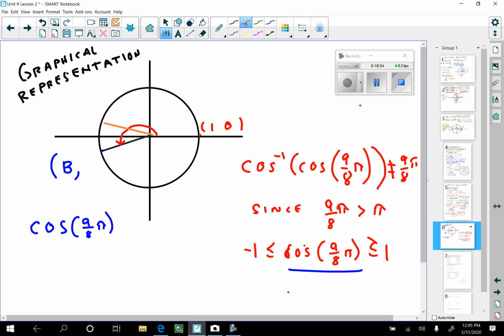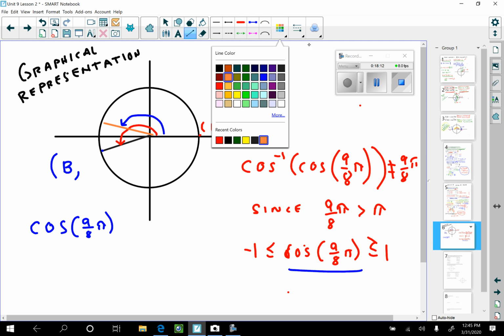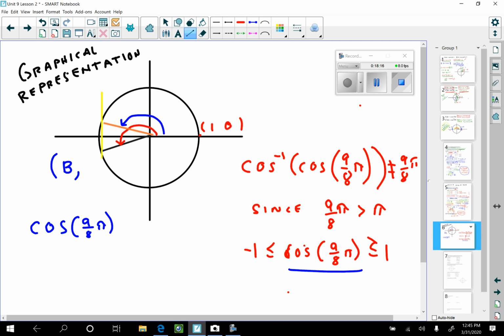And this angle right here, ladies and gentlemen, that angle is indeed between 0 and pi, and that angle does indeed, if I do this yellow vertical line here, have the same output as the cosine of 9/8 pi. So this is going to be B. So all I really need to do is to figure out what this angle is here.